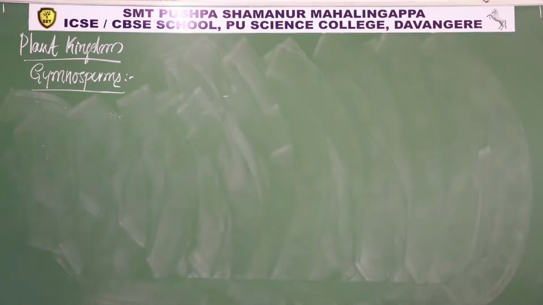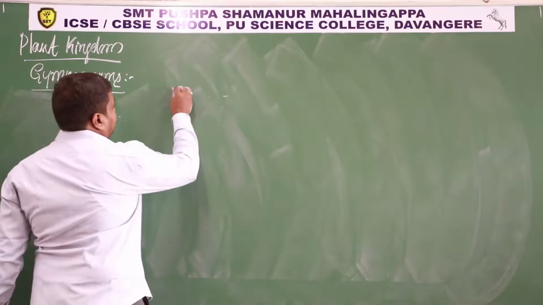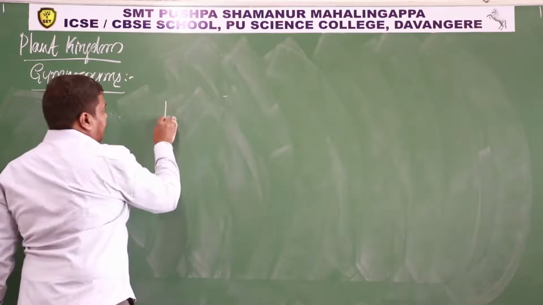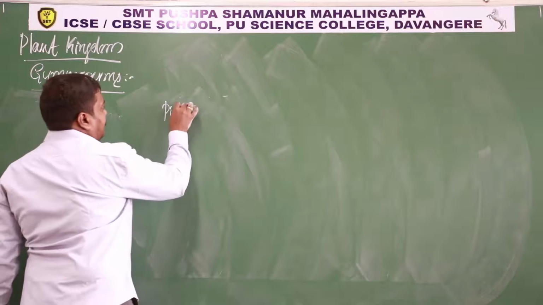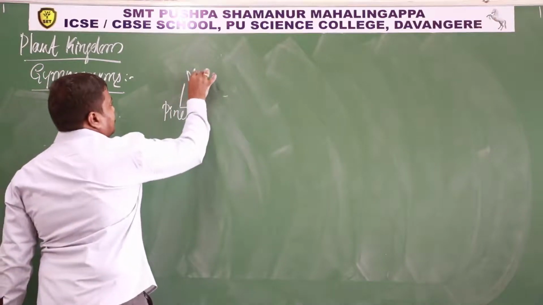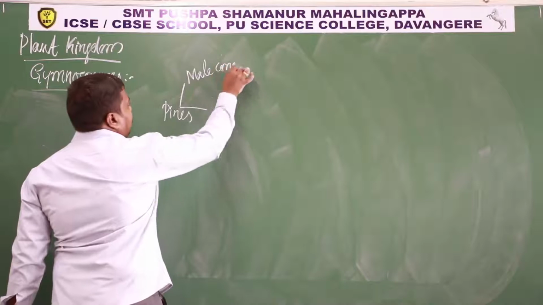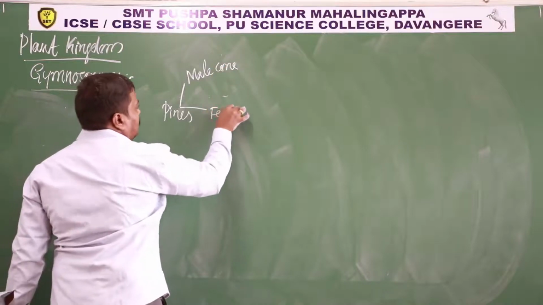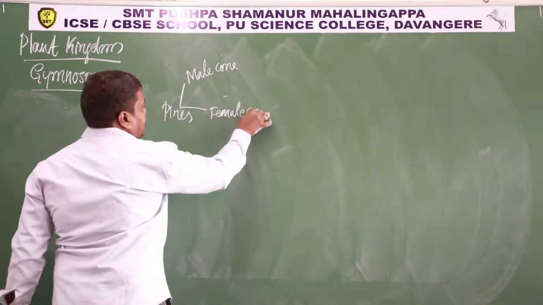Let me brief the whole process again. Suppose you take the example of Pinus. In Pinus, male cone and female cone are produced separately.